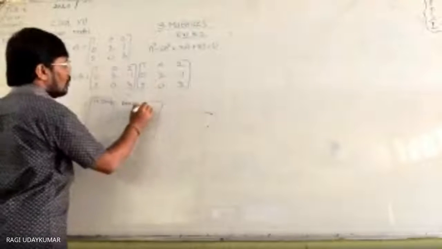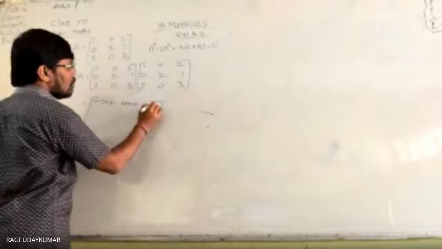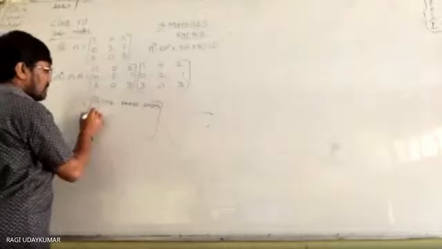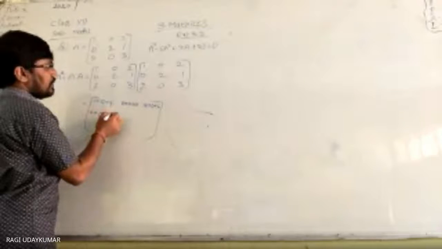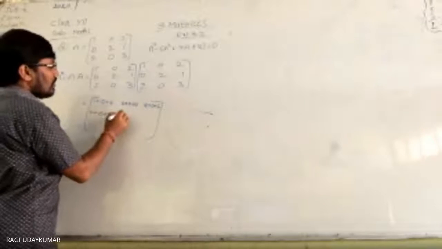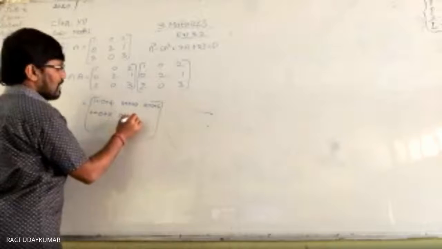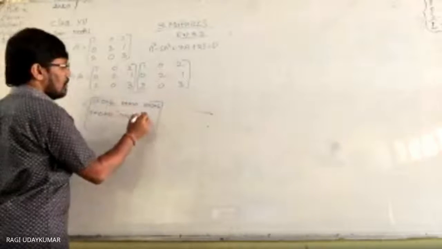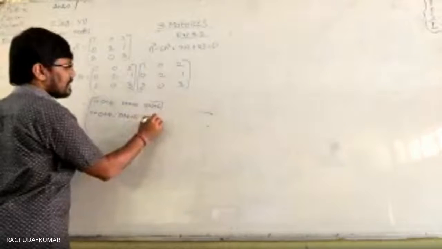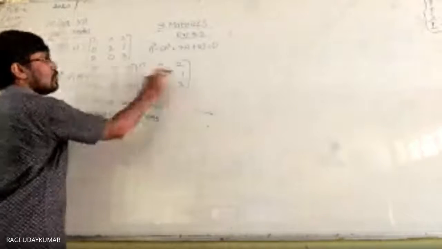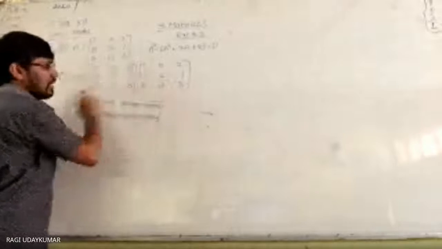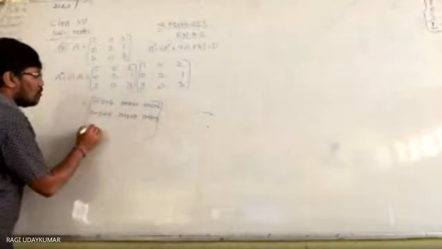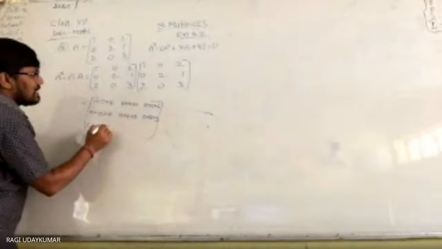Next 2 plus 0 plus 6. Next 0 plus 0 plus 2. 0 plus 4 plus 0. Next 0 plus 2 plus 3. 2 into 1, 1 into 3. Next the third row with every column. So 2 into 1 is 2 plus 0 plus 6.